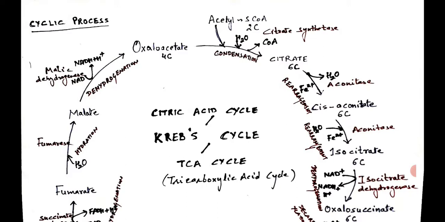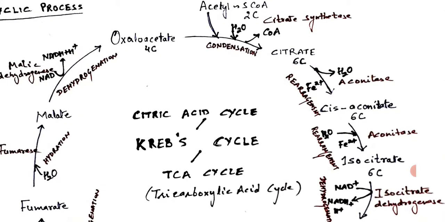In the second step, the citrate is rearranged and is converted into cis-aconitate, catalyzed by the enzyme aconitase. A water molecule is removed in the presence of iron ions and then rearranged again to form isocitrate. So citrate is converted into isocitrate.